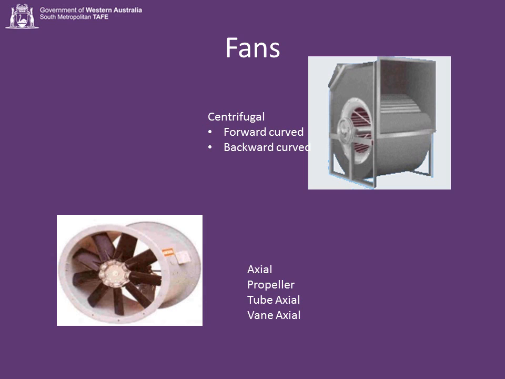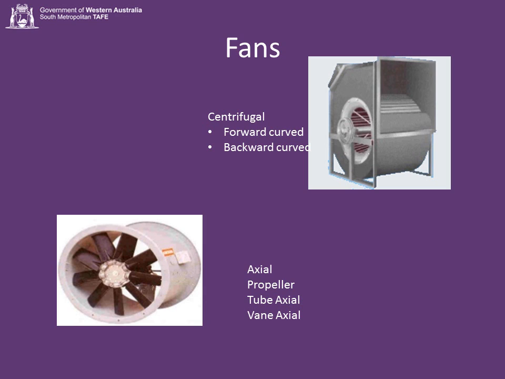We use fans for delivering the air. Centrifugal fans work on the principle that they spin very fast. Air is sucked in from the middle and forced by centrifugal force to the outside. There's several different types. There's forward curved and backward curved. There's also ones which have just straight blades, which we call plug fans.